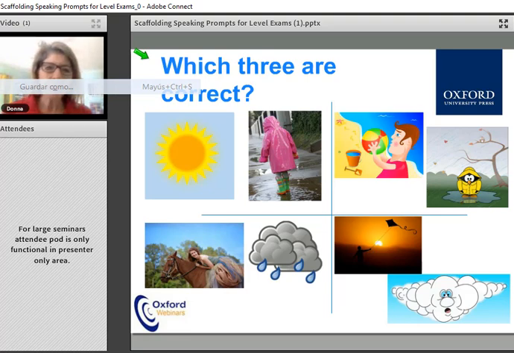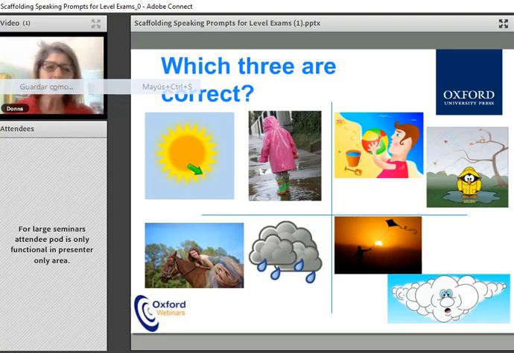Okay, so you're saying this one with the girl in the raincoat and the sun, the girl on the horse and the rain clouds, and then this, it's raining, and this guy's at the beach. Sun, beach, and, all right, I see what you're doing. Sun, beach, and horse.